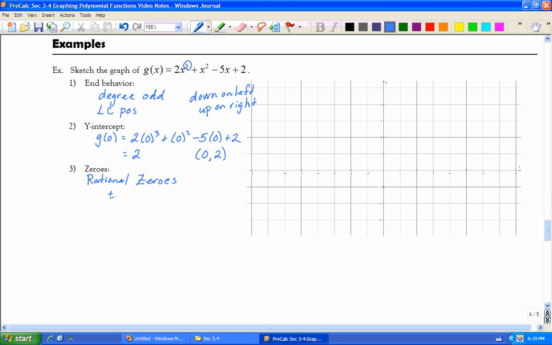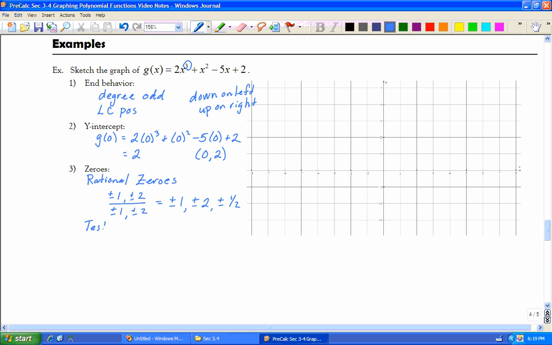So that's plus or minus 1 and plus or minus 2 over plus or minus 1 and plus or minus 2. So that leaves us with plus or minus 1, plus or minus 2, and plus or minus 1/2. So that kind of narrows down where we need to look. And since plus or minus 1 are options, let's do the test for zeros.